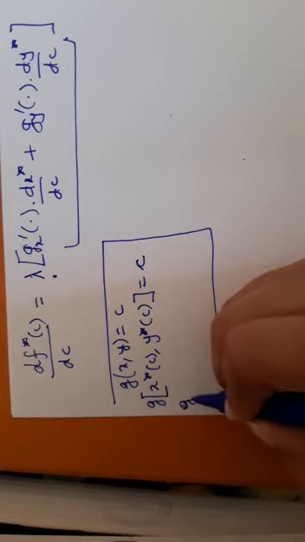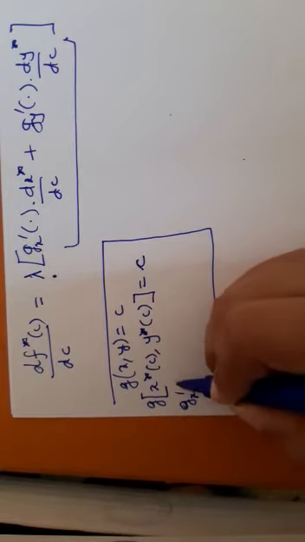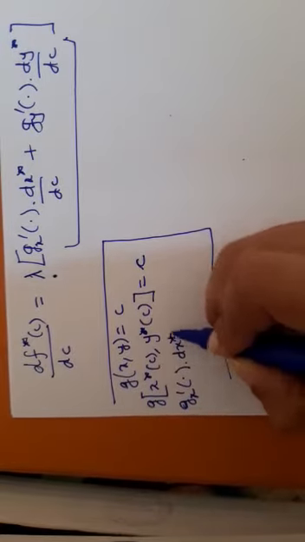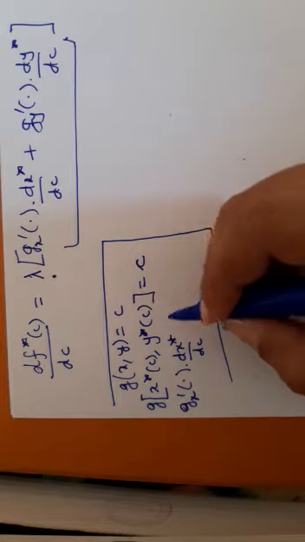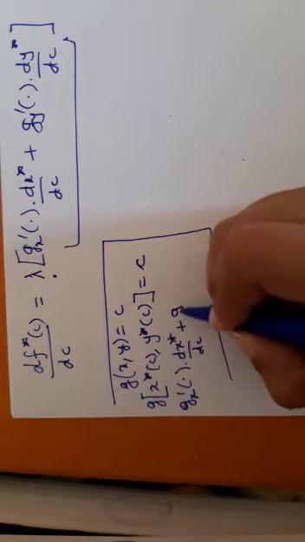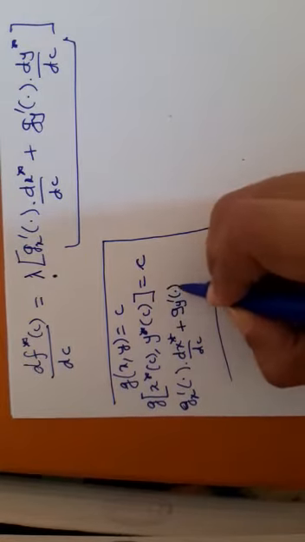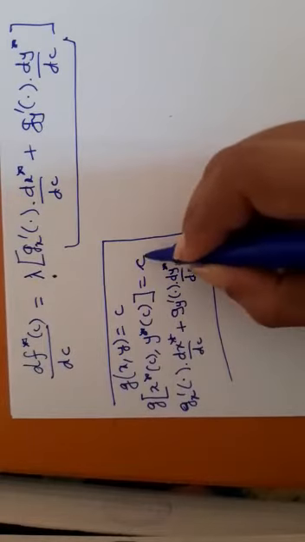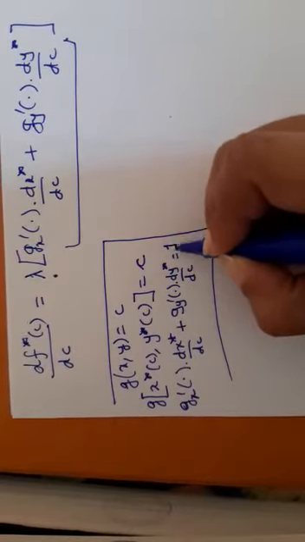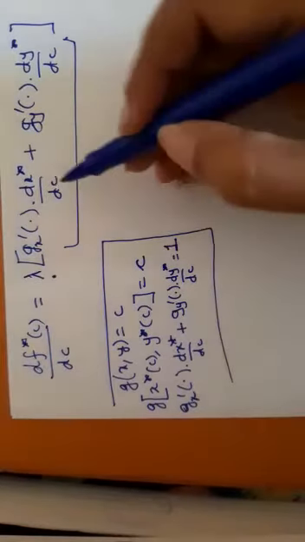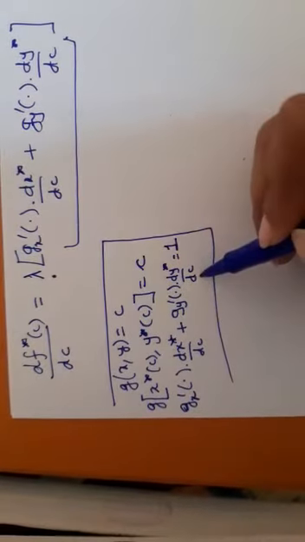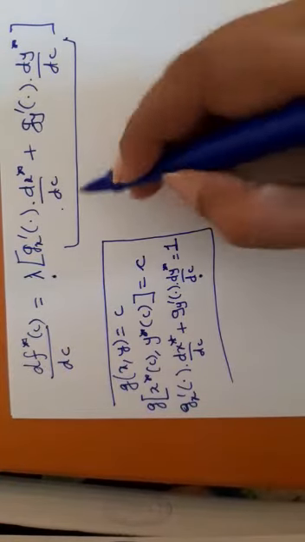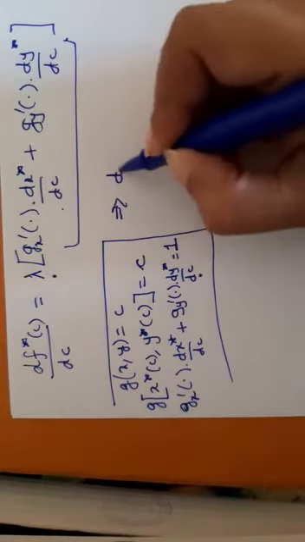I'm going to get g sub x evaluated at x star comma y star times dx star by dc plus g sub y times dy star by dc is equal to 1, because the derivative of c with respect to c is 1. And you can see the expression on the left hand side is exactly what we have here. So this then gives us the result.